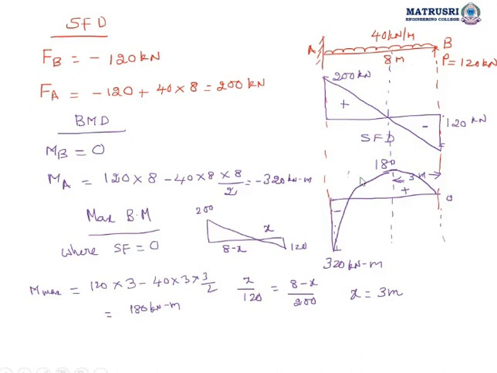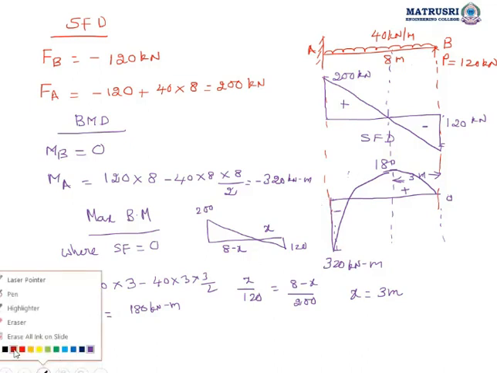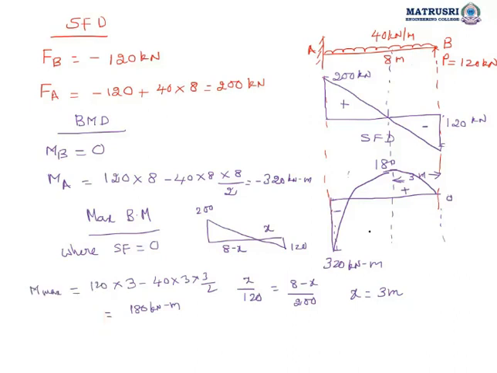But what else do we want to calculate now? We want to calculate the point of contraflexure. How to get it? Take a section RR, and this distance I am taking as R. Point of contraflexure is the point where bending moment is 0 or changes its sign.